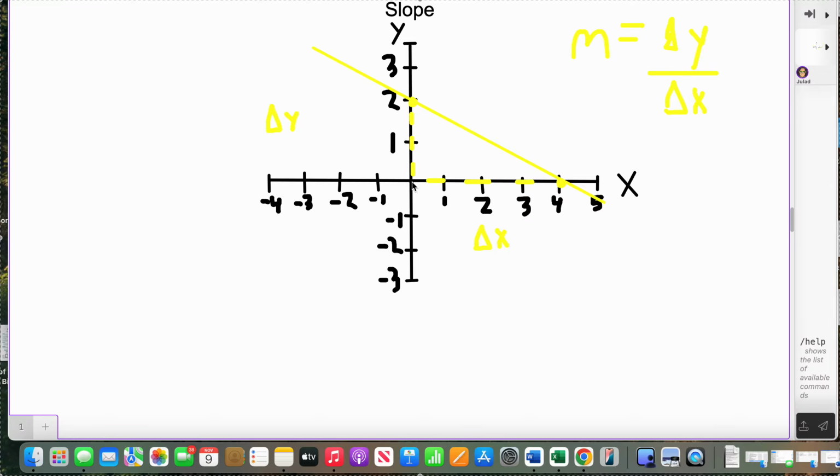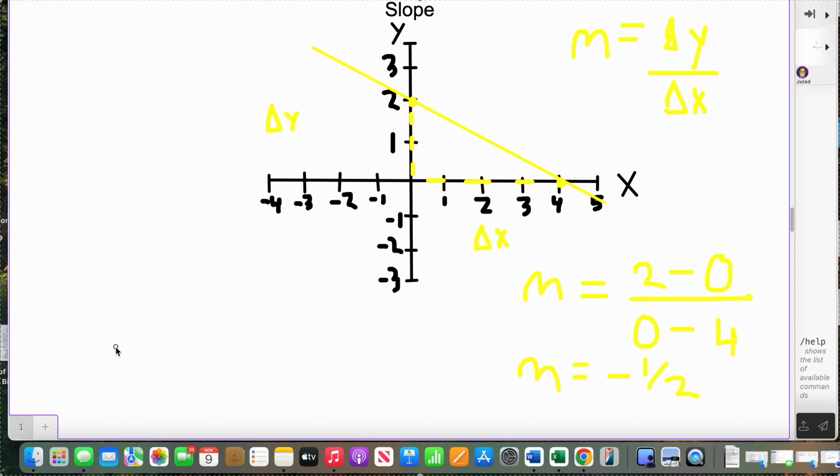Now, the 0 x value matches up with the 2 y value, and so we're going to subtract those first. So the y value up here, 0 minus 2, and then the next point's y value is 0, and the next point's x value is 4. So that means m equals -1/2.